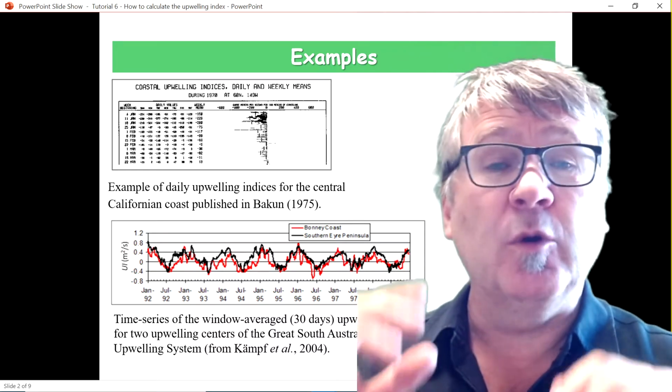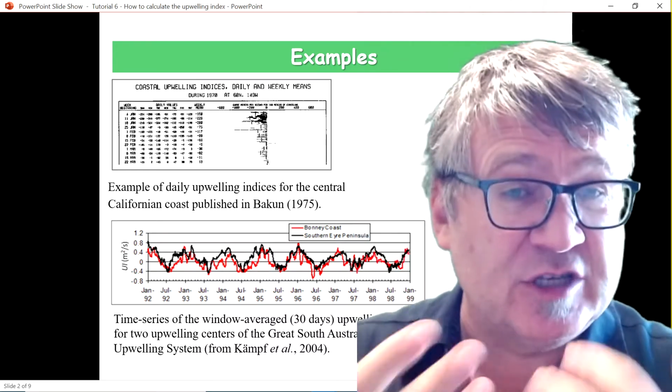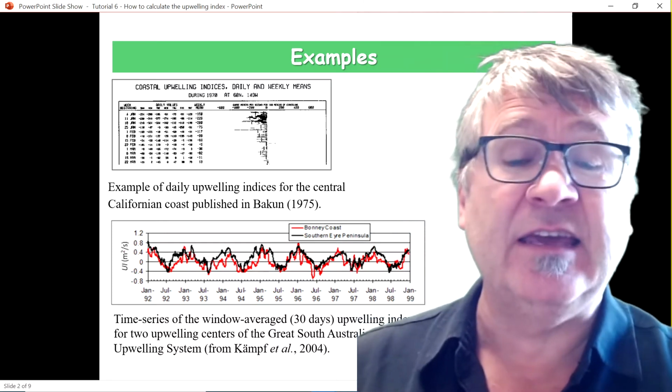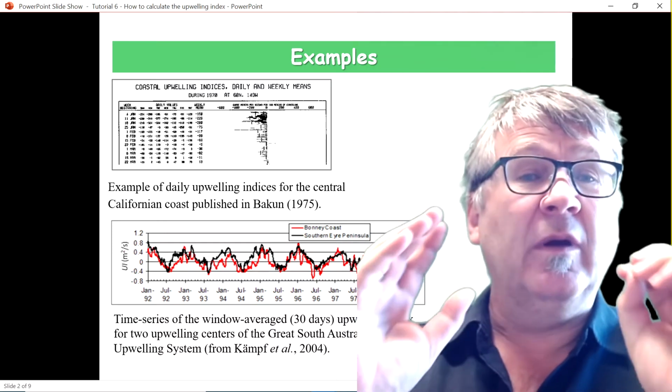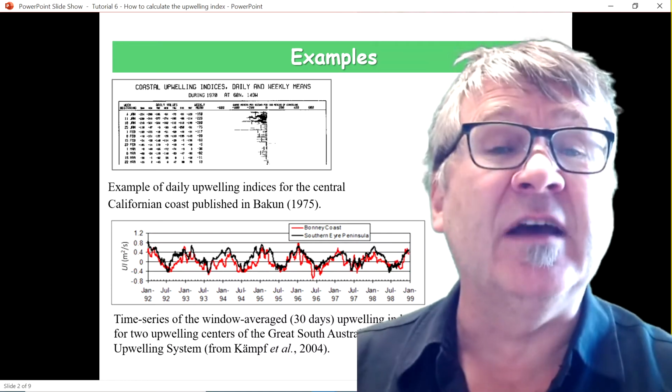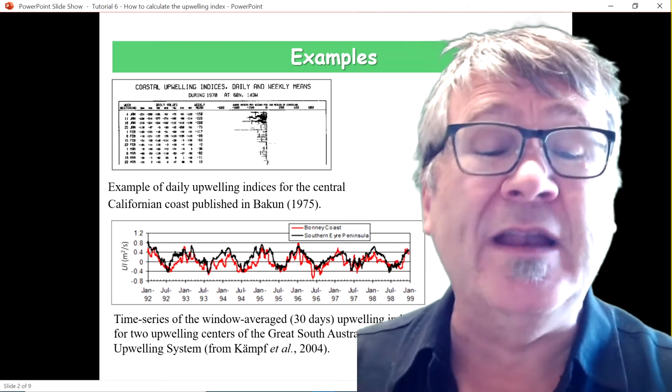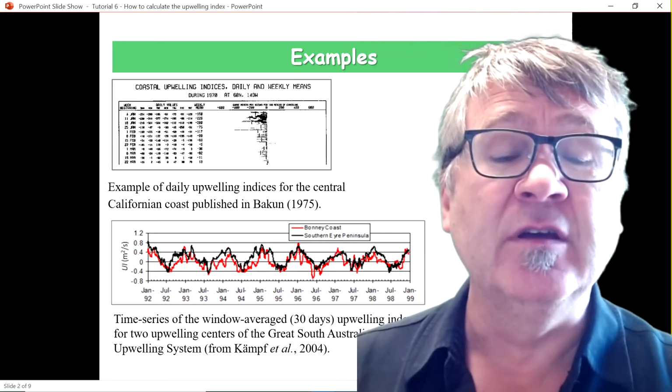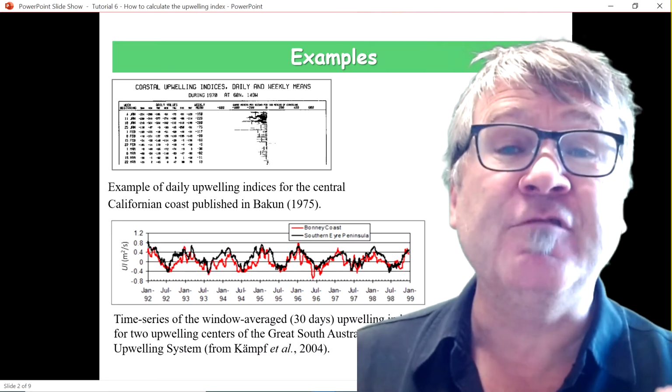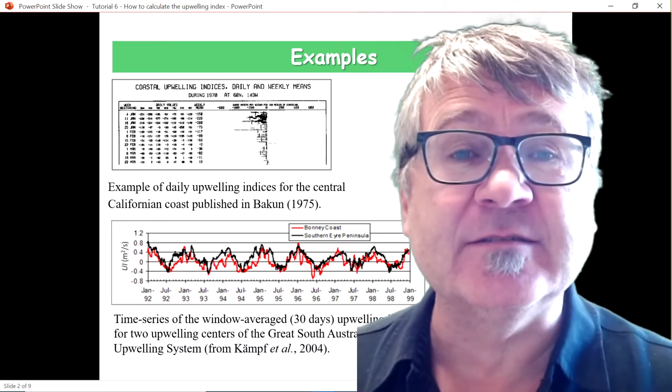What also has been done for this time series, just to mention this because it says here in the title, in order to produce this time series, I actually applied a window averaging filter of 30 days.